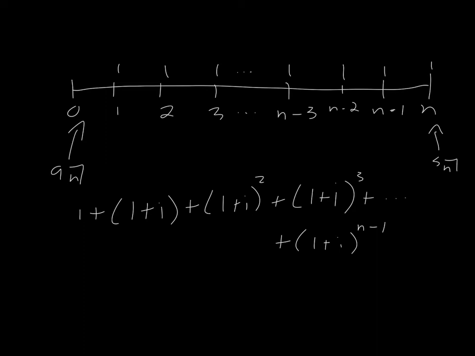The $1 at year 2 had 1 fewer year to earn interest, so that's N minus 2. And then at time 3, we have (1 plus i) raised to the N minus 3. So that is one of the things that is equivalent to S angle N.